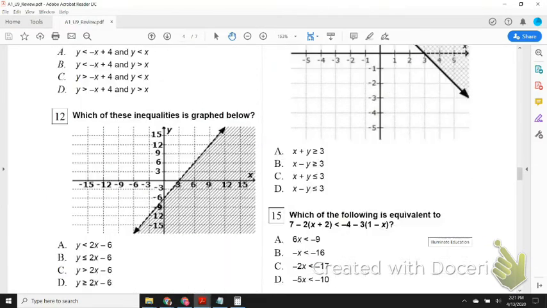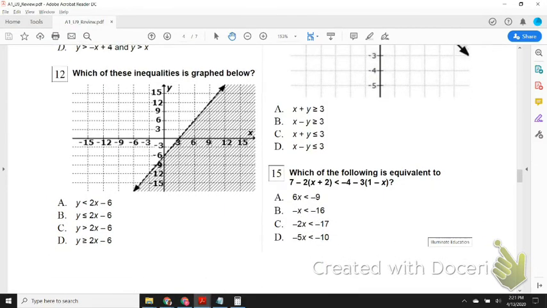Let's go to number 12. Same deal here. You're asking yourselves solid line or dotted line, and then are we shading below or above the line?